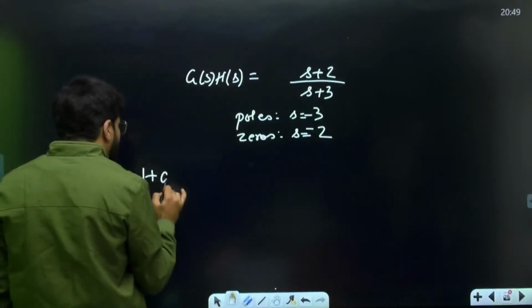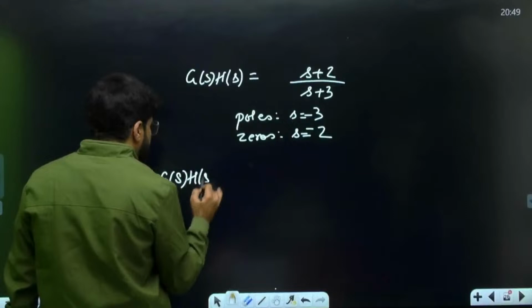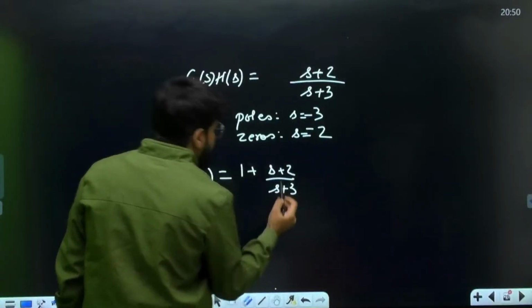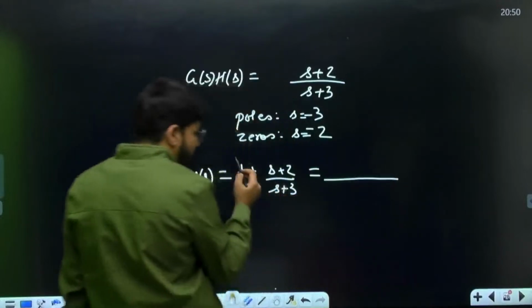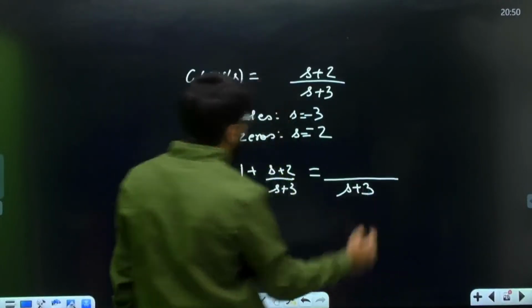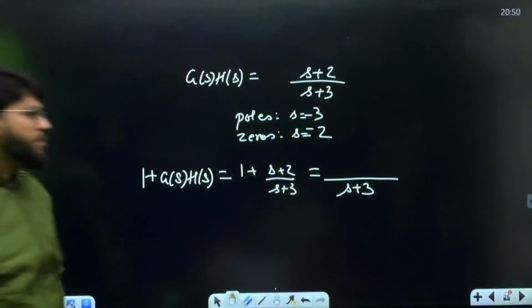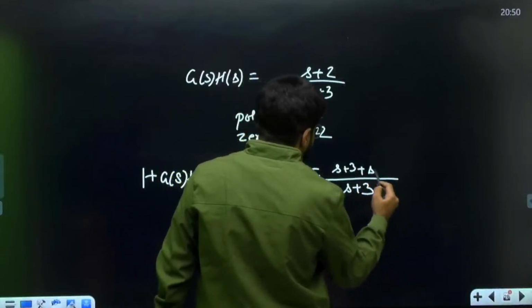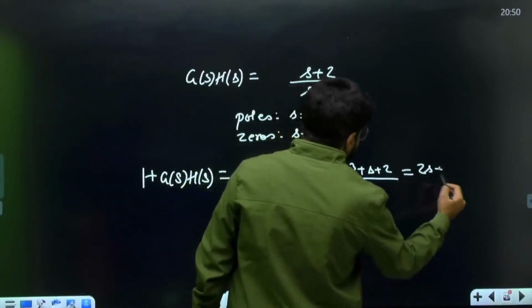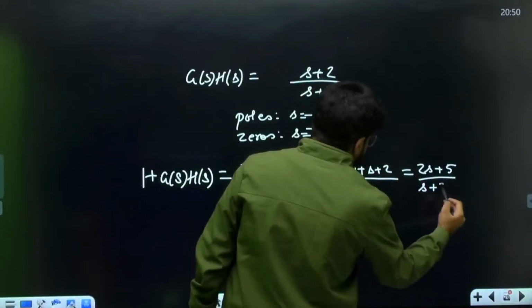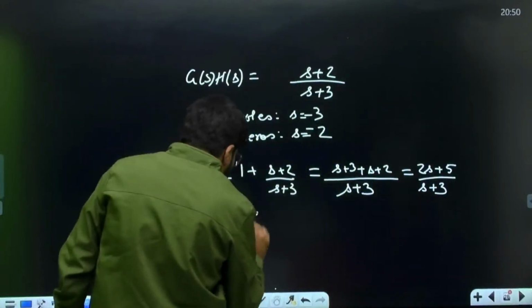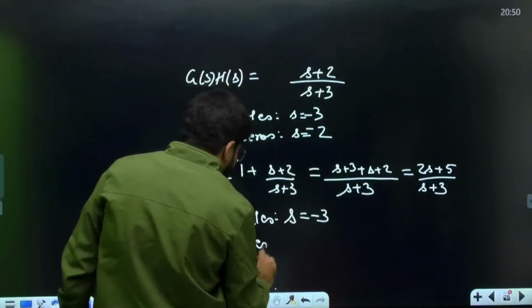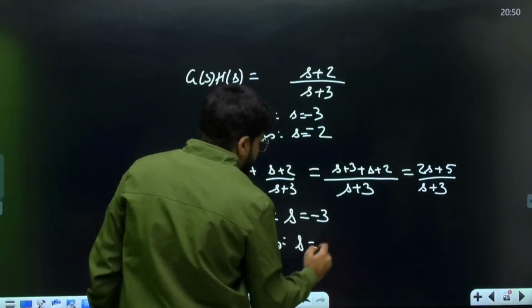If you talk about 1 plus G(s)H(s), 1 plus (s plus 2) upon (s plus 3), even if you simplify here, the denominator remains the same. The numerator will become s plus 3 plus s plus 2, or it becomes (2s plus 5) upon (s plus 3). So again, the pole is s equal to minus 3, and the zero will definitely change, minus 5 by 2.